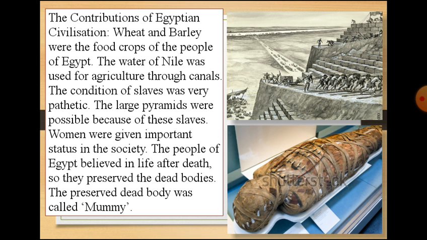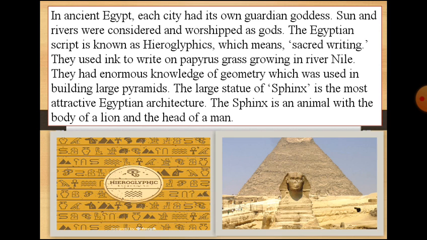In ancient Egypt, each city had its own guardian goddess. That is, they believed in gods, and the sun and rivers were considered and worshipped as gods. The Egyptian script is known as hieroglyphics, which means sacred writing.